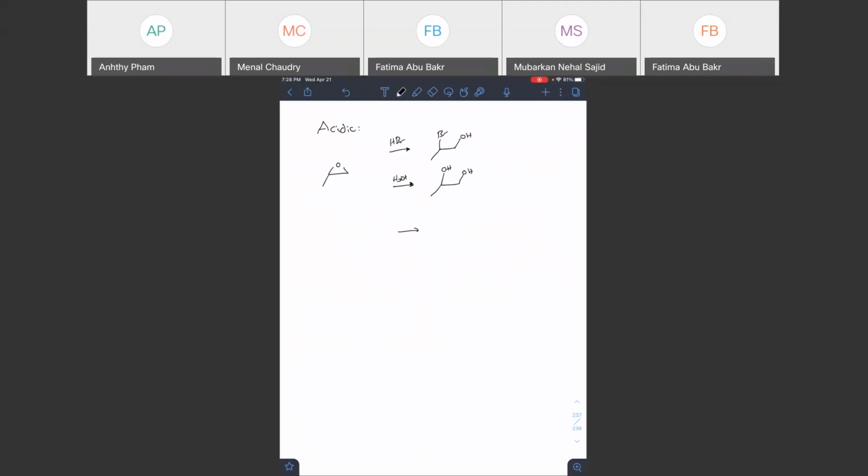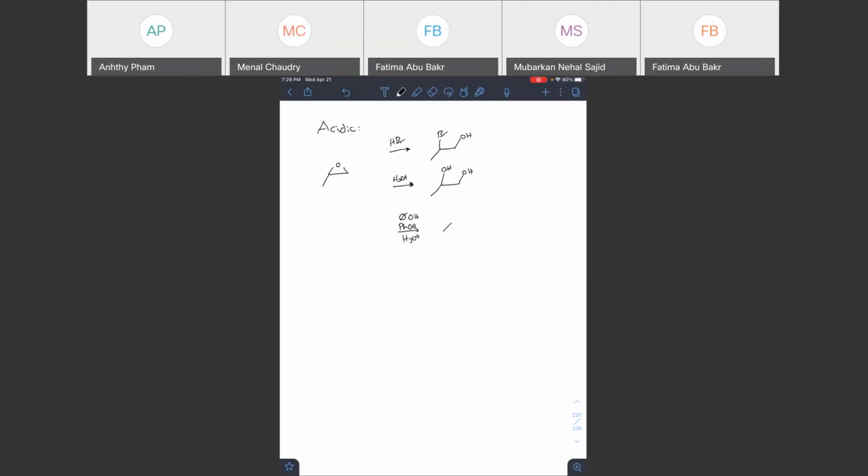So you could write it like this, OH, or you might see it written as this, or you might see it written as PhOH. And Ph just stands for phenol. And then in the bottom of that, there's H3O plus, which is the part that makes it acidic.